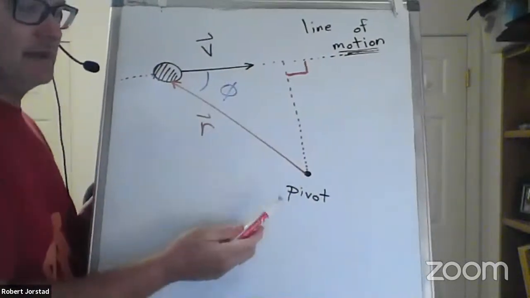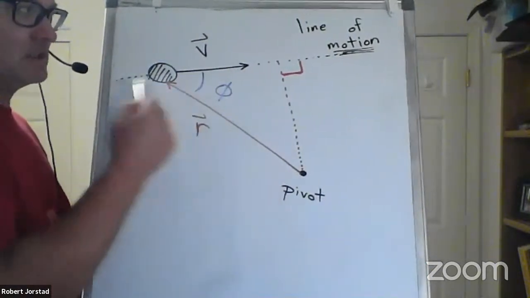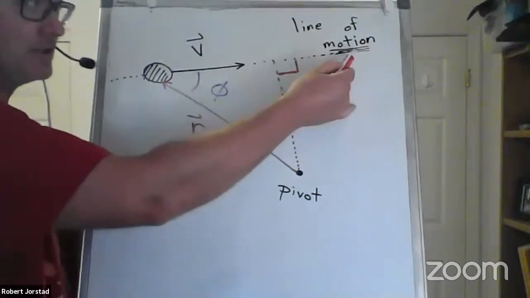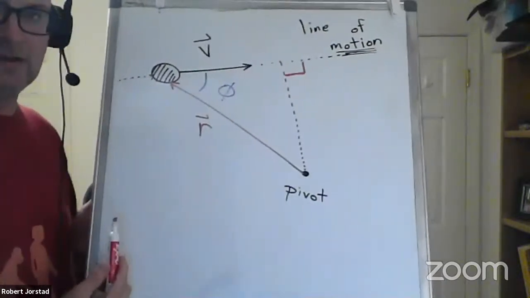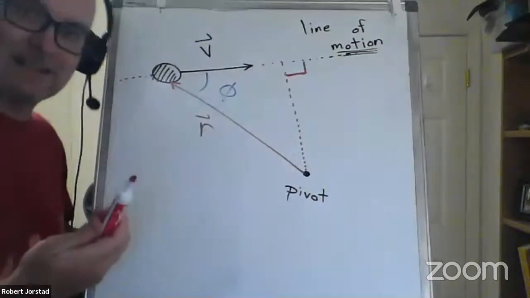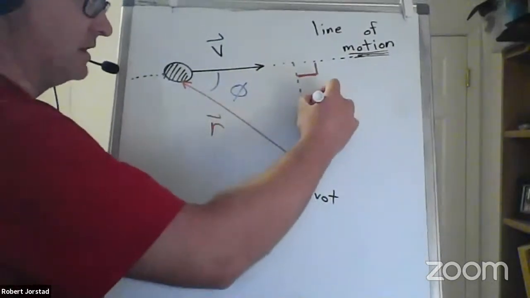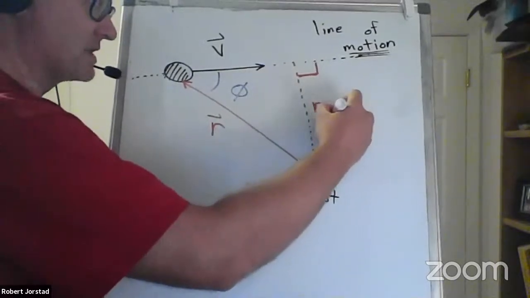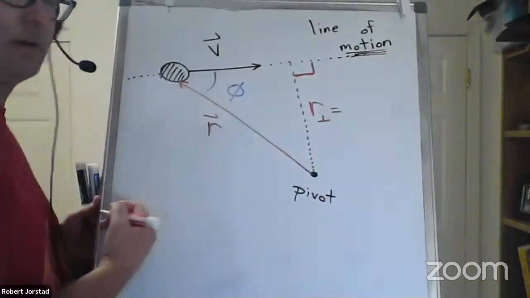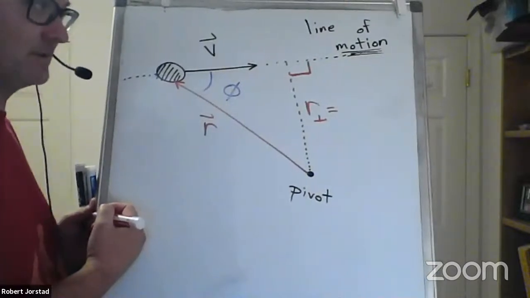We draw a line that goes from the pivot to the line of motion that forms a right angle. This is called the perpendicular bisector in some math class. This is sometimes called r perp, just like last time, r perpendicular to the line of motion.